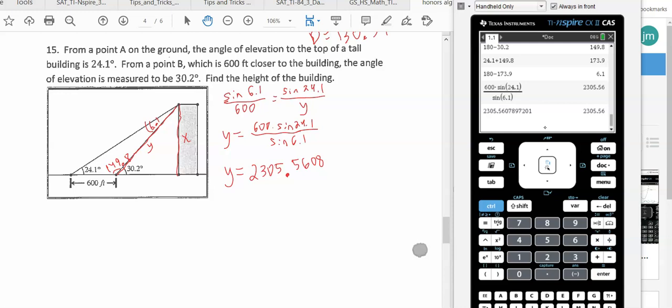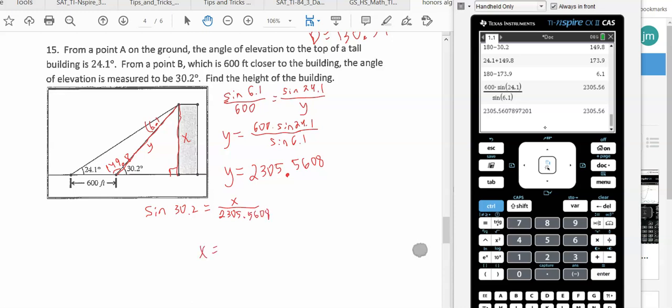I mean, you could just use sine at this point, right? That's a right triangle. Just the way they describe the question, it's got to be a right triangle, so it's straight up height. So sine of 30.2 should equal the ratio of x divided by y, which is 2305.5608.